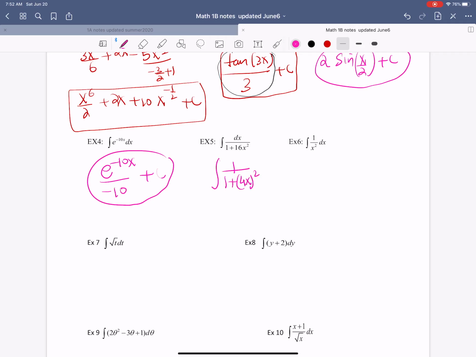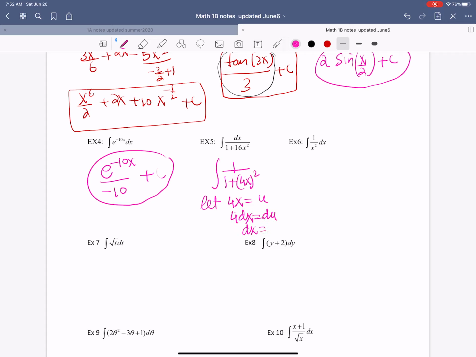The next one, I can do u sub here. I'm going to write that as a perfect square. And then I would let 4x be u, and then 4dx be du. Dx would be 1/4 du.